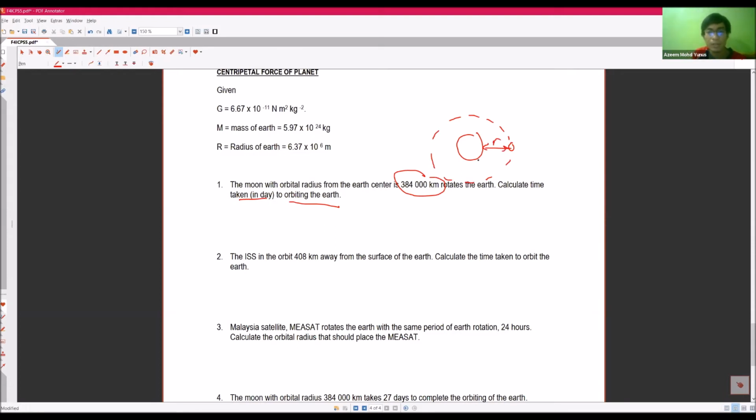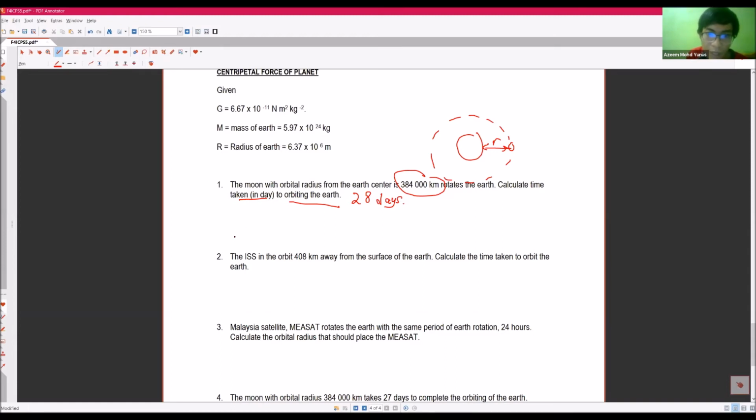What we need to calculate here is the time taken in days to orbit the Earth. So basically, it will give us 28 days, but we can prove that.